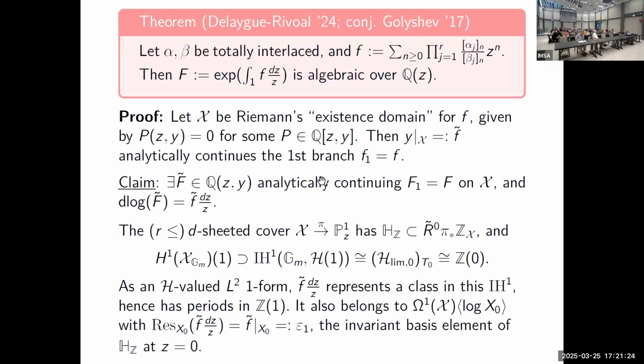Well, remember, this is the existence domain of the function little f. And so when we analytically continue little f around, it's going to come back to integer multiples of itself, plus other things, other solutions.